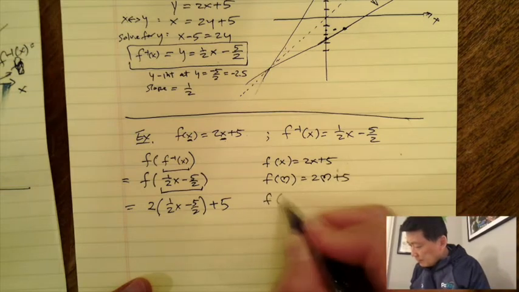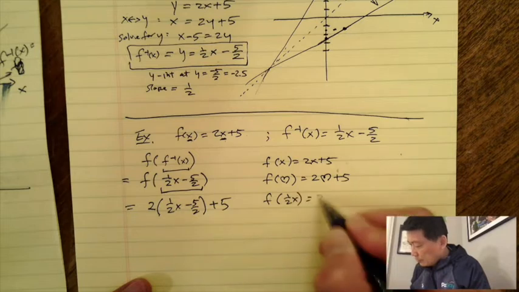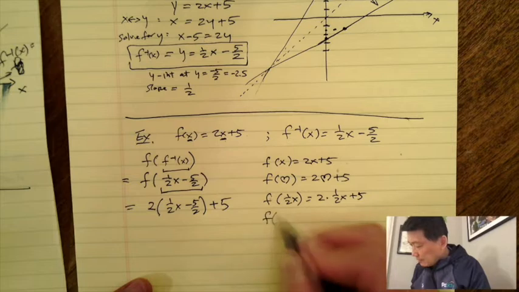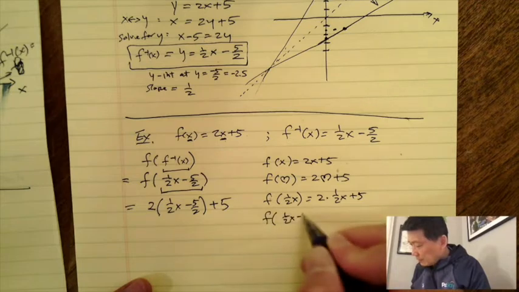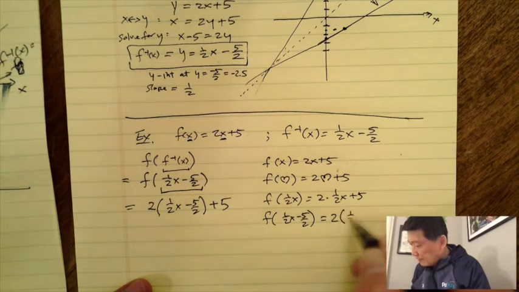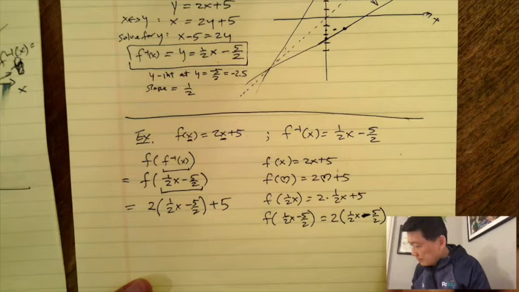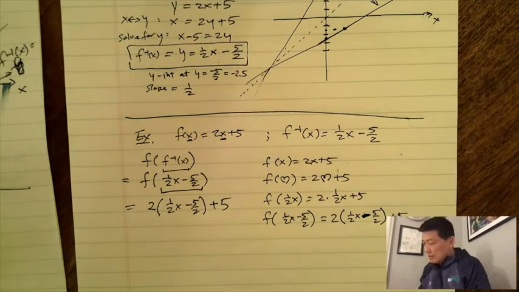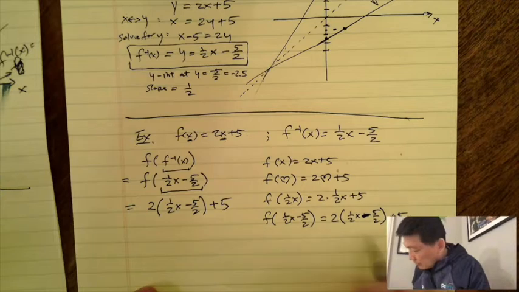F of 1/2 x is equal to 2 times 1/2 x plus 5. F of 1/2 x minus 5 halves is equal to 2 times 1/2 x minus 5 halves plus 5. That's where I got it from. Okay? So that's where it is.